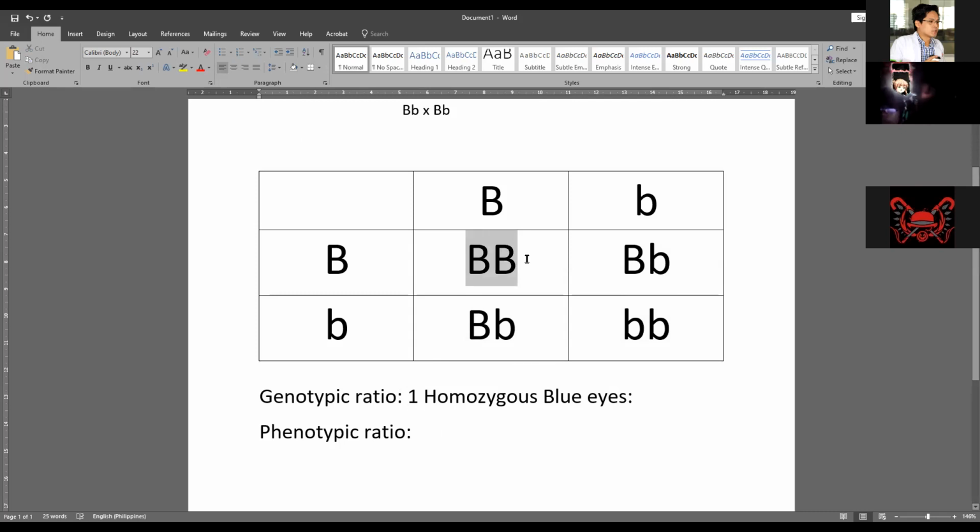Grade 8? Are you still with me? Yes, sir. Okay. One homozygous blue eyes. We have also two heterozygous blue eyes.